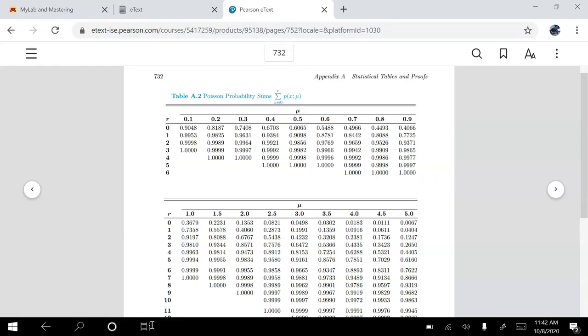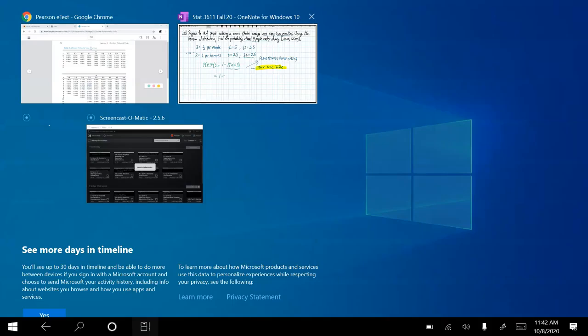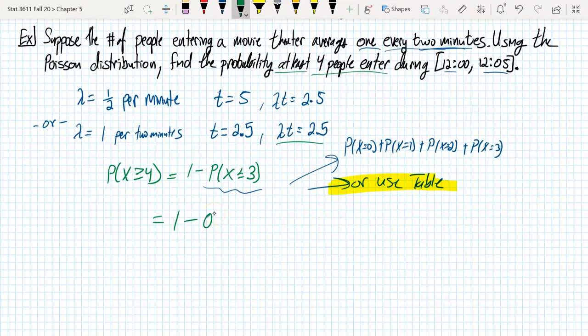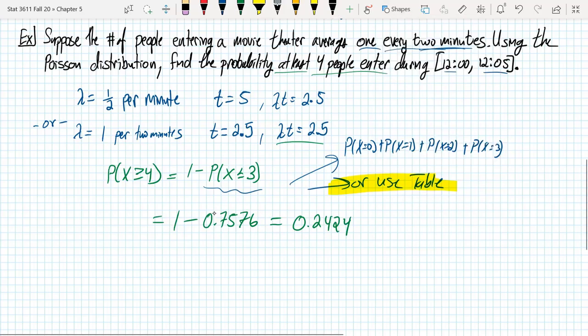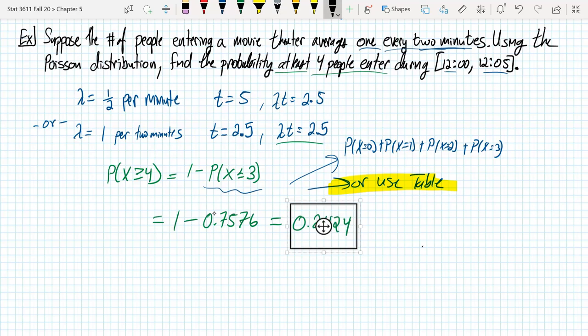So I'm looking at right there, I believe, 0.7576. And 1 minus that is 0.2424. And that is our answer for this question. All right.